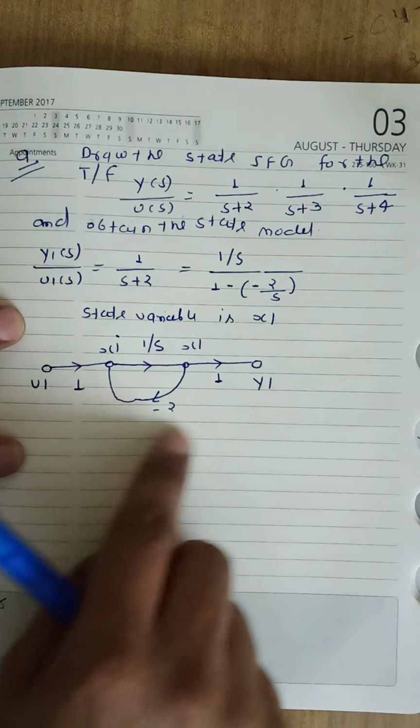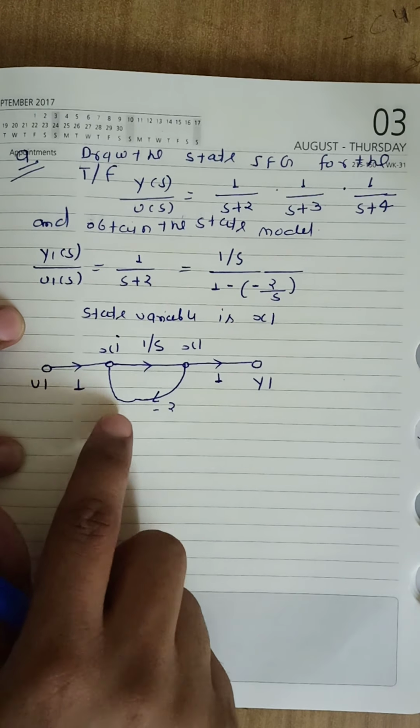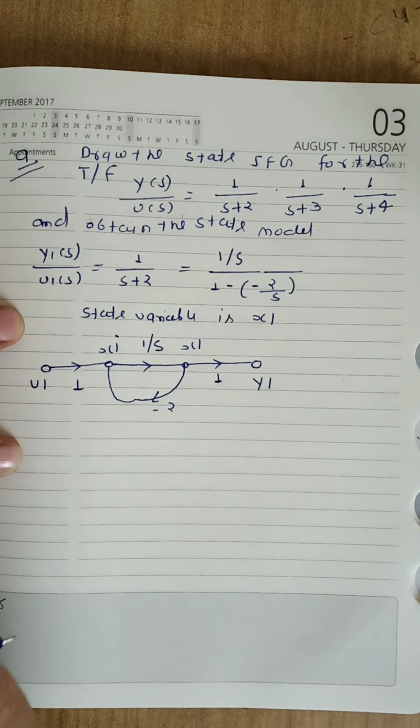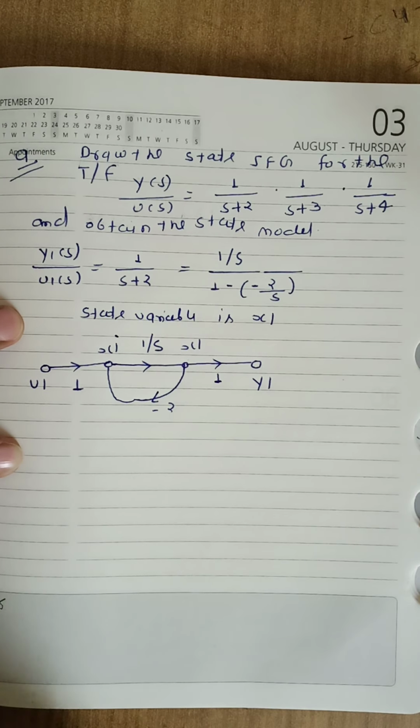So from the given state signal flow graph, we can also calculate the transfer function. Already we have seen in first unit. According to Mason gain formula, we can easily calculate. But here we are assuming that sum of product of two non-touching loop gains is 0.